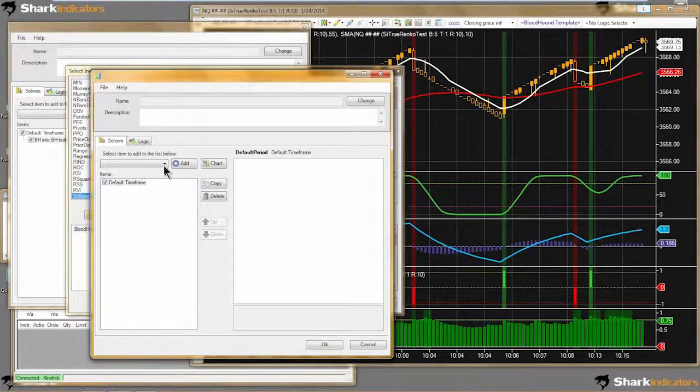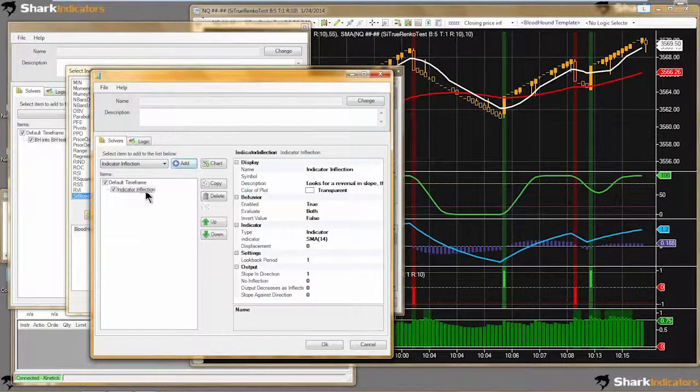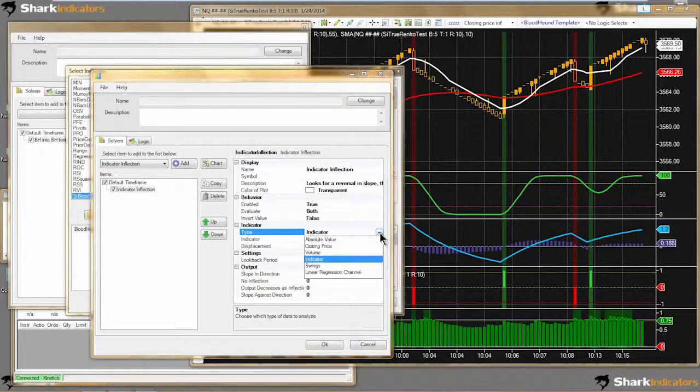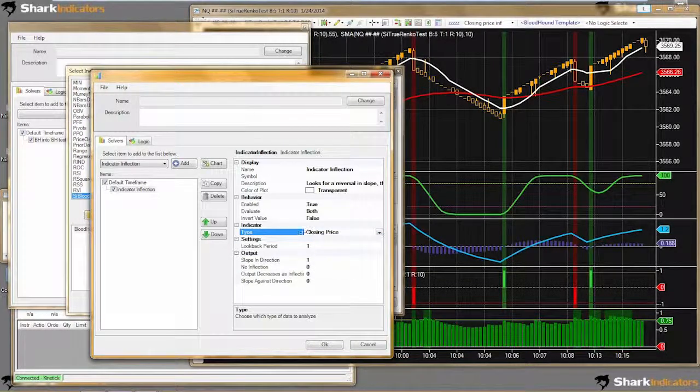So instead of loading up a file this time, I'll just build a simple solver right here on the solver tab. We'll just look for the closing price to reverse.